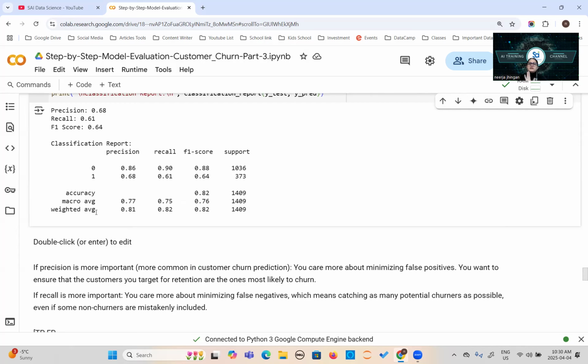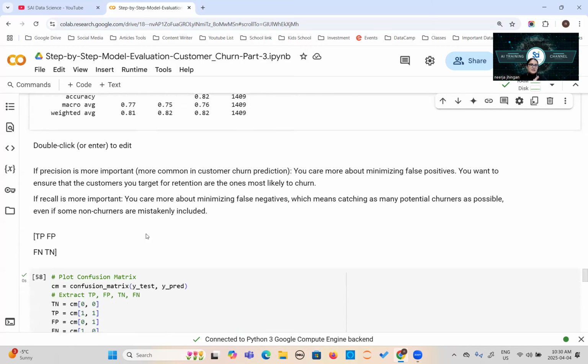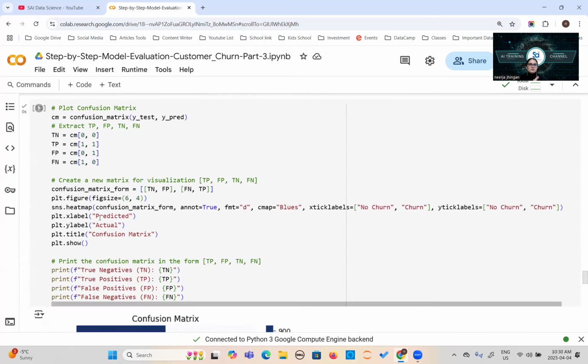Okay, I will make a separate video on this with the formula so you will understand how to interpret the classification report, but this is just the overview. Weighted average is very important. And now we will move ahead.